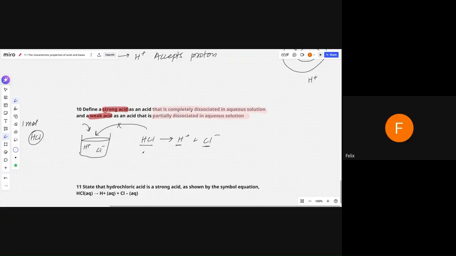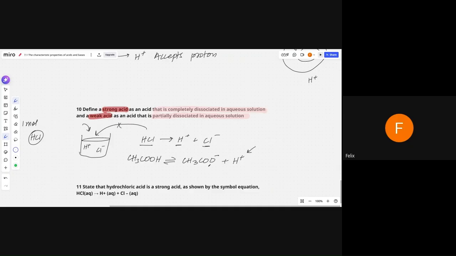Now, a weak acid, for example, acetic acid, vinegar, CH3COOH, is a weak acid. And since weak acids partially dissociate, we use this reversible arrow, the symbol for the reversible reaction, and it will change into CH3COO negative and H plus. After all, it is an acid. Even though it's a weak acid, it would still release some protons or hydrogen ions.